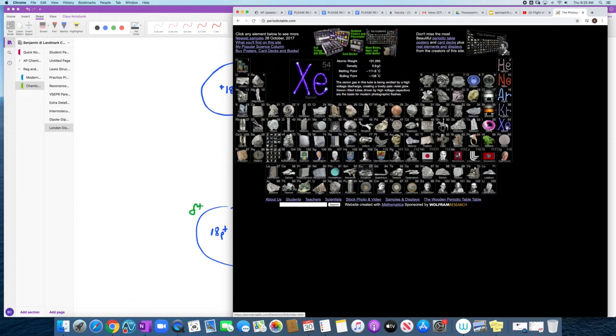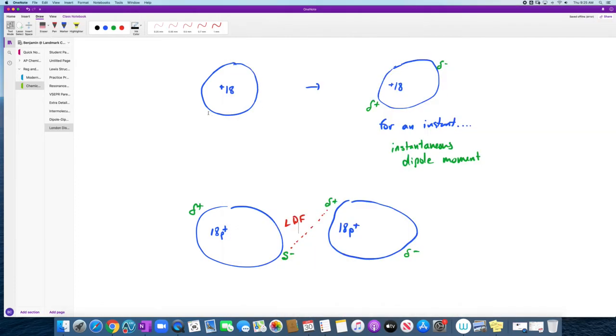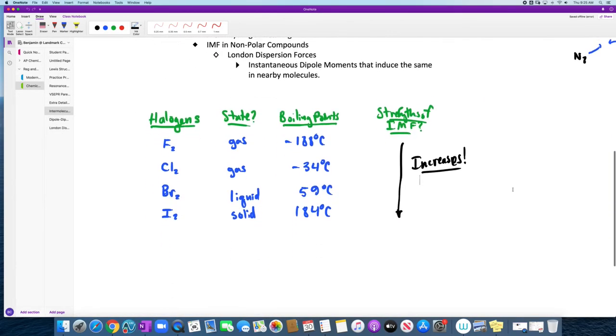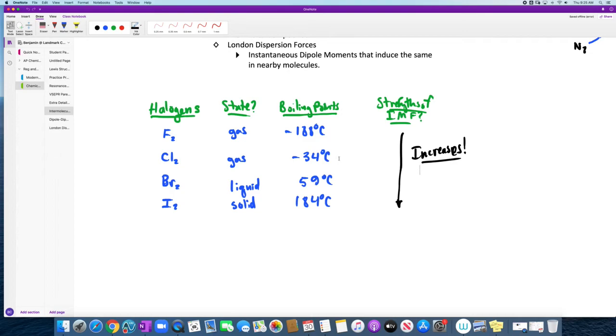We also see the same pattern in the halogens. All right, let me go back a couple slides ago. We were talking about the halogens the other day, right? Now the halogens are actually all nonpolar molecules. Fluorine is a gas, chlorine is a gas, bromine is a liquid, iodine is a solid. And so what we see is the strength of the intermolecular forces is increasing for these nonpolar substances.